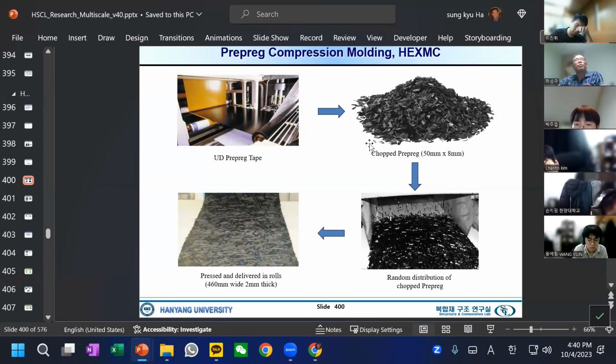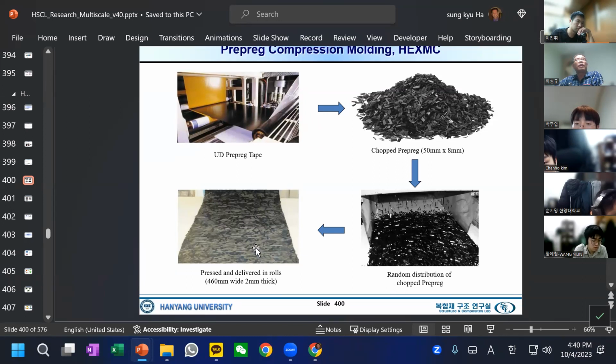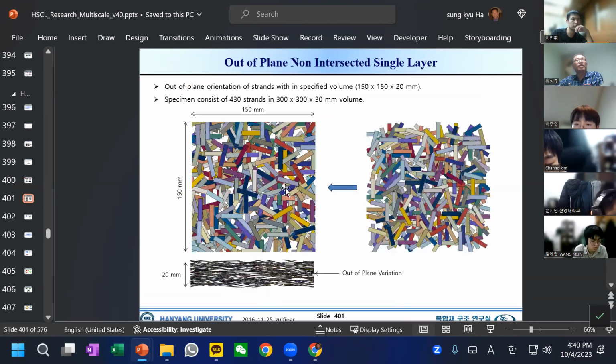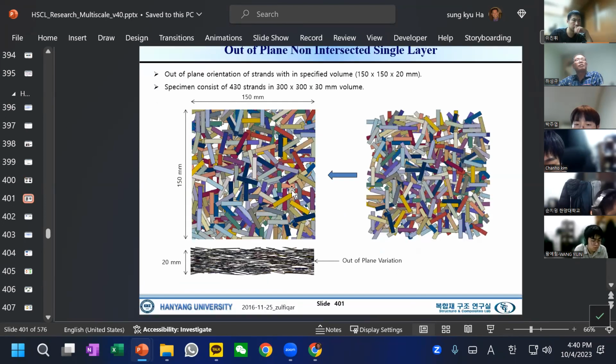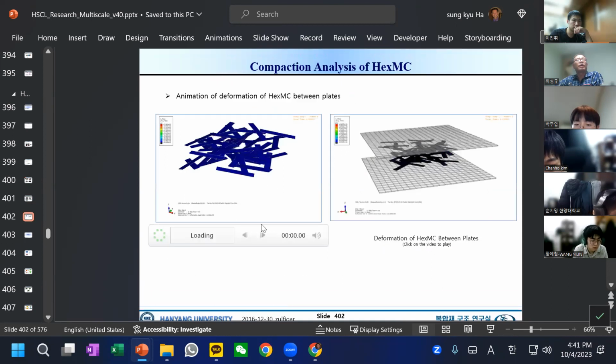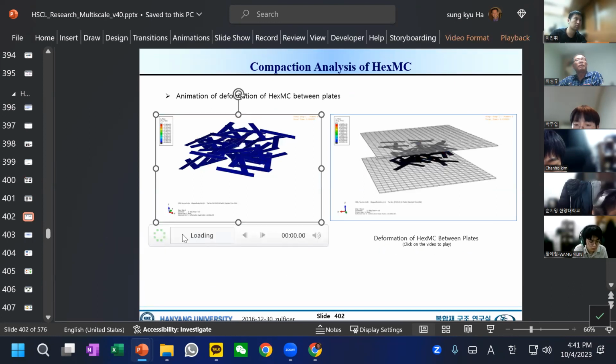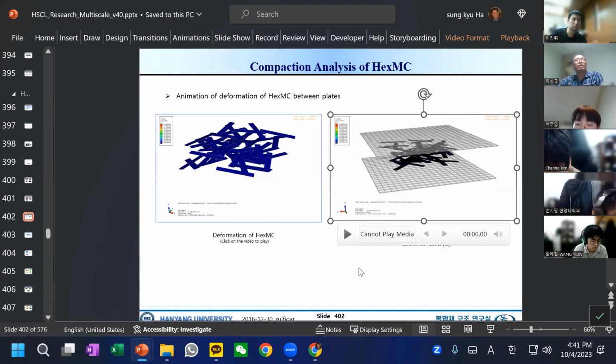So we have a resin already there, in a kind of roll, and then we just cut a certain part, and then we press them. We can have a sort of structures.